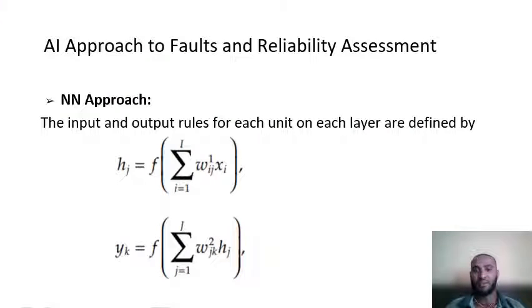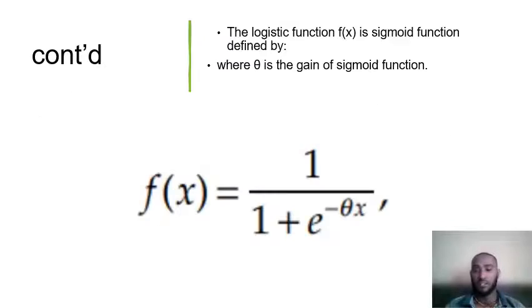Our AI approach to fault reliability assessment is in input and output rules. So h_i is going to be a function of the summation of i from 1 until I, w times x_i, the input. And during the output part, we can say f times the summation of j from 1 until J, w squared jk times h in the output.